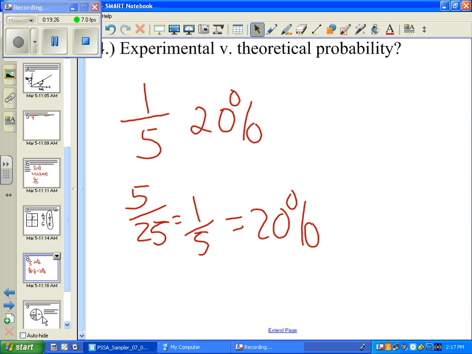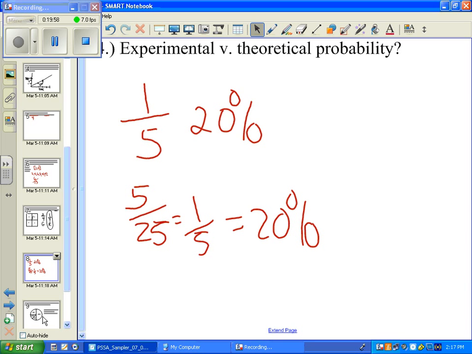However, it's plain that in the case of L, they don't match because it was chosen 9 out of the 25 times, not 5 out of the 25 times. So it's important when you're looking at experimental probability that you actually count up the total number of picks and then look at your chart to see how many times that element was chosen.